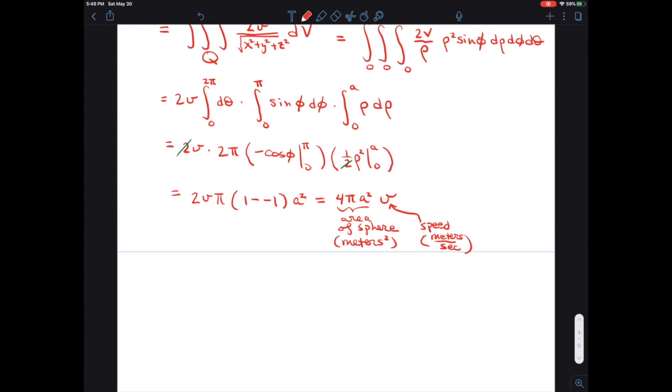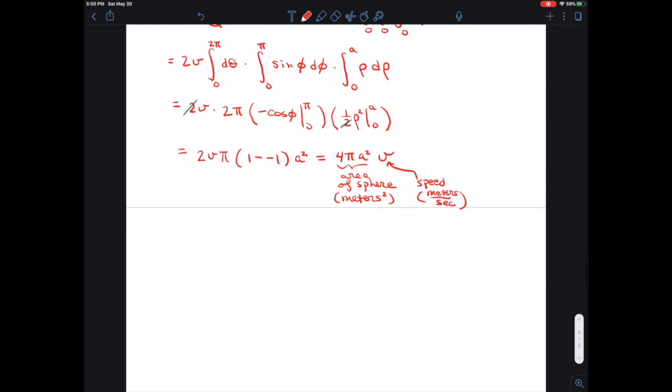So if you do the units for this, what you get is the area of the sphere times v, and then the units would be meters cubed per second.